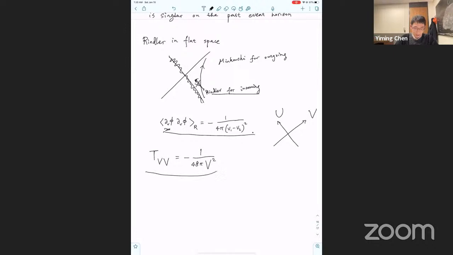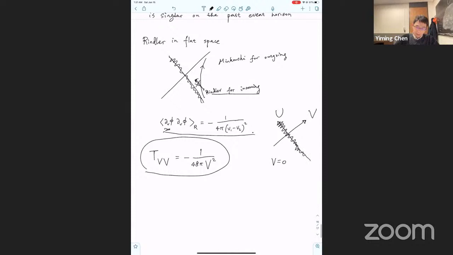It's exactly the calculation using point splitting that I did earlier, but doing it in the opposite way. Here we are subtracting the UV divergence in the Minkowski vacuum. And the crucial property is that it diverges on the V equals 0 slice, okay? What is the place where V equals 0? It is this line. So the stress tensor diverges there.